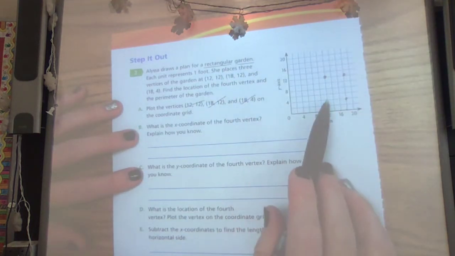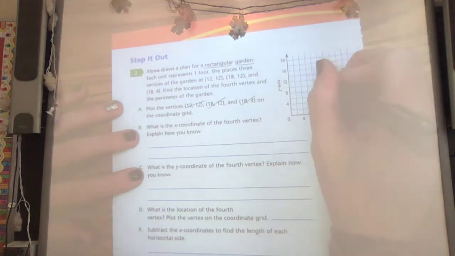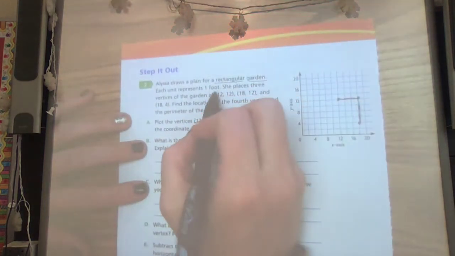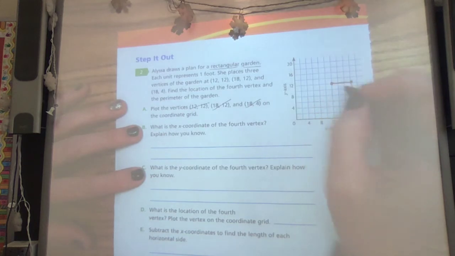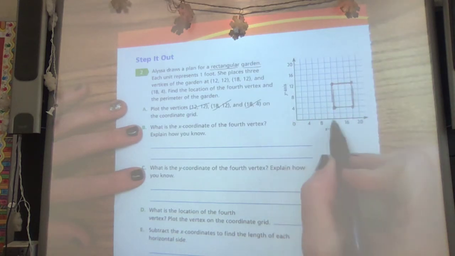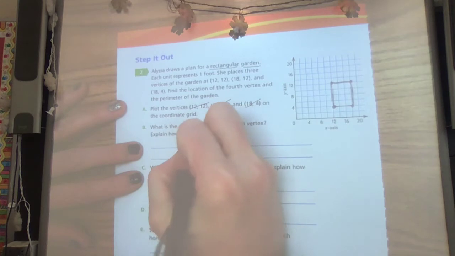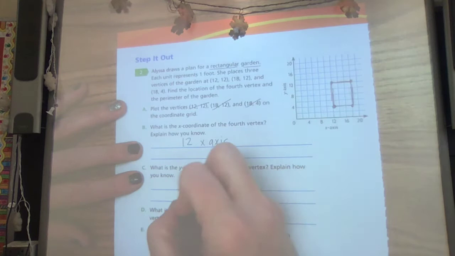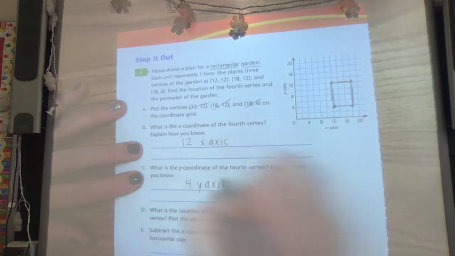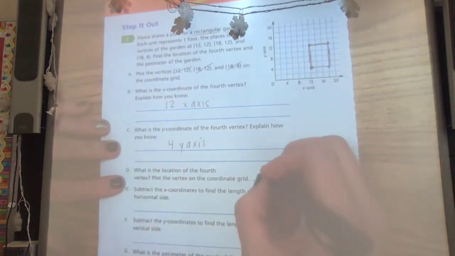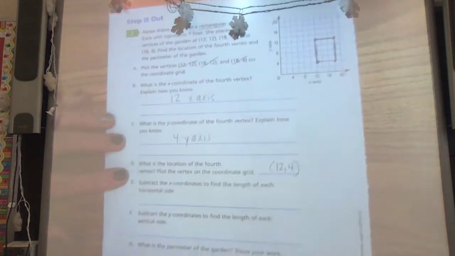Now, what is it going to have to be that other point? We know if we're making a rectangle that these lengths are going to be the same, because that's what we know about rectangles. So that point is going to have to be 12 for the x-axis and 4 for the y-axis. What is the location of it and plot it? We've got 12, 4. We already plotted it.